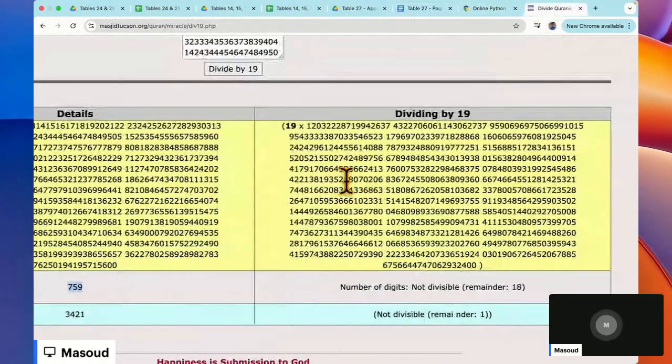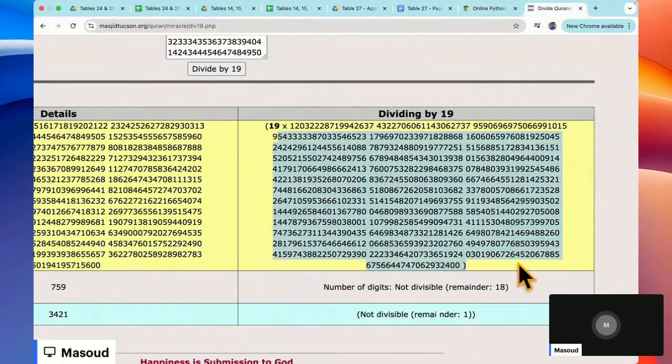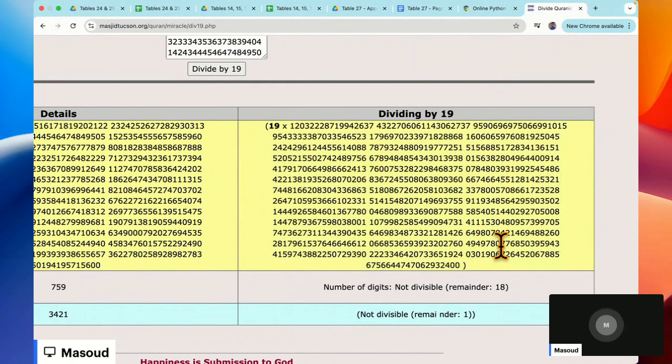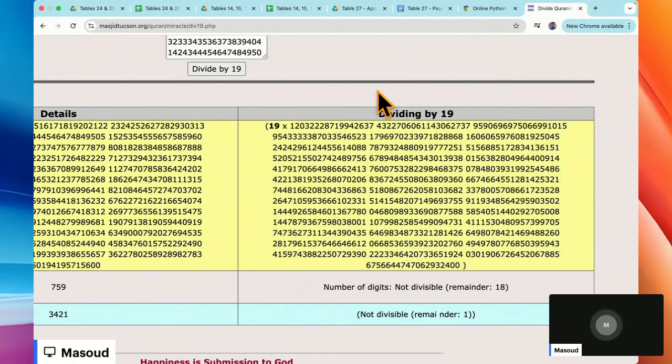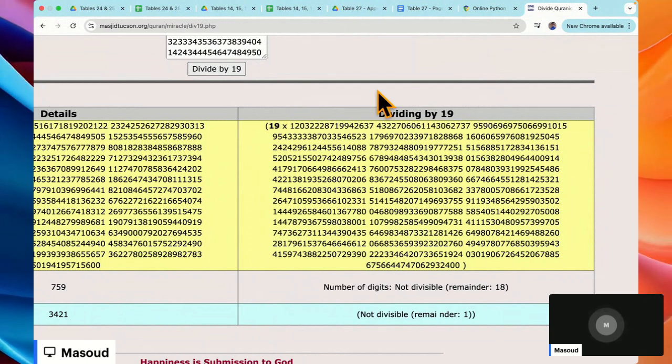And this is 19 times this number. This is just absolutely fantastic, subhanallah. And this is just the beginning of our journey into giant numbers.